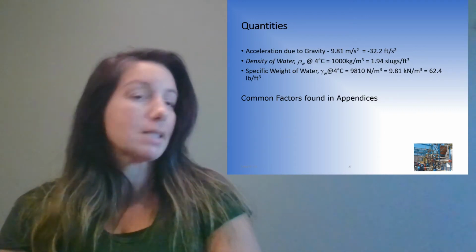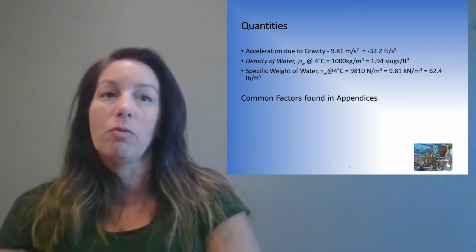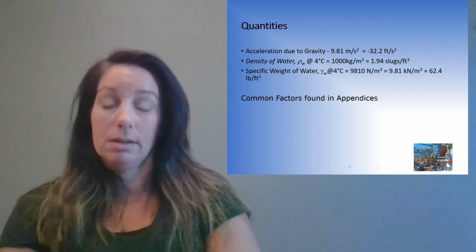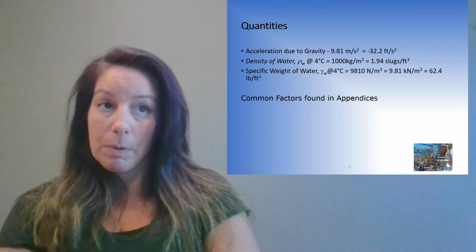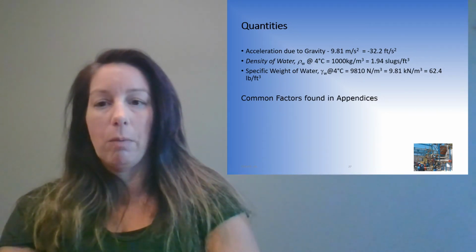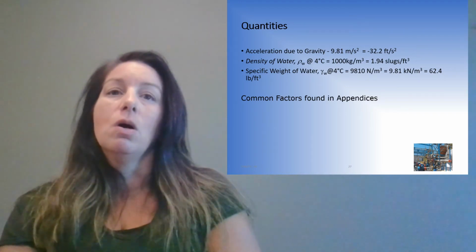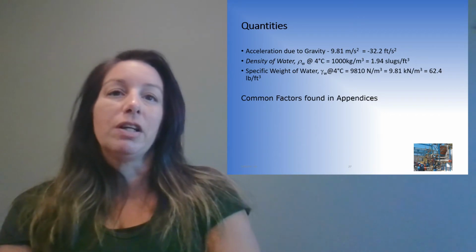We get stuck with these things. Specific weight of water, gamma of water at 4 degrees C is 9,810 newtons per meter cubed, 9.81 kilonewtons per meter cubed, or 62.4 pounds per foot cubed.